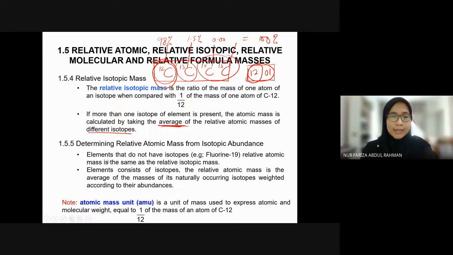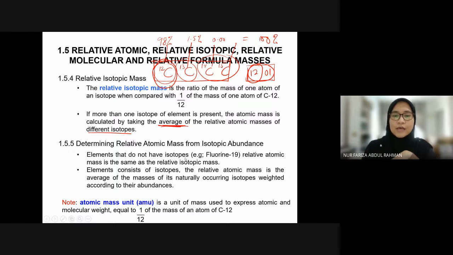Point number 1, for an element that does not have isotopes, for example fluorine 19, the relative atomic mass is the same as the relative isotopic mass.